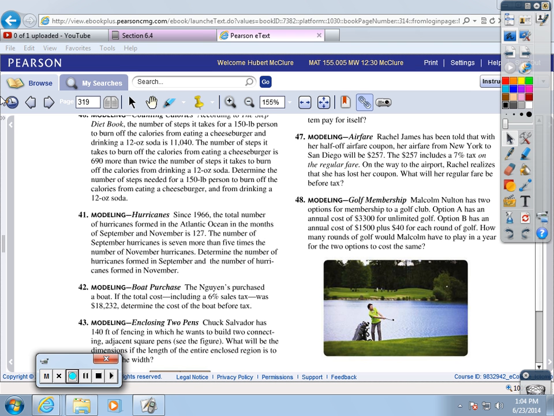Option A is $3,300 for unlimited golf. Option B is $1,500 plus $40 for each round of golf. This one is not too complicated. You know what's going to be on the right side of the equal sign? 3,300. Good.